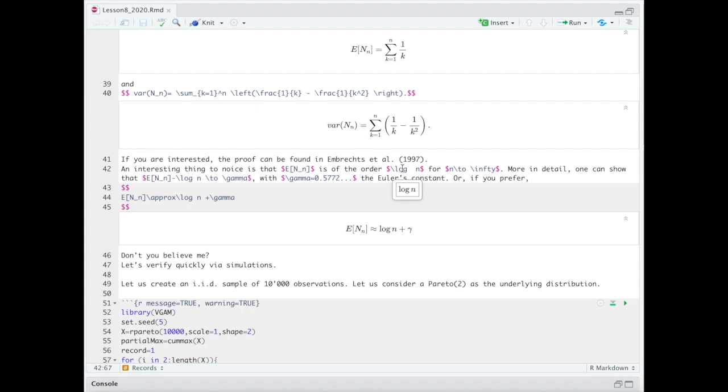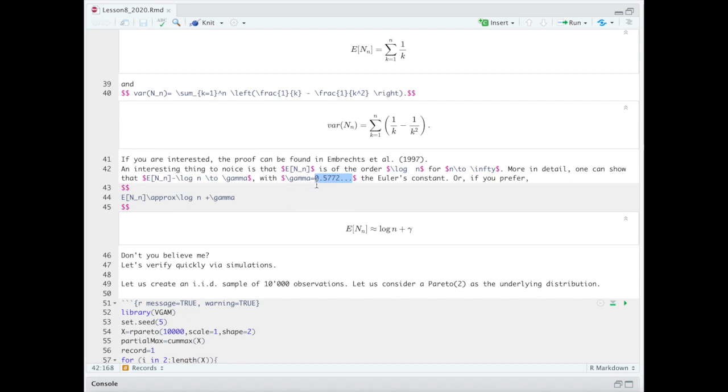If you want, we can show that actually N_n rescaled by the log of n tends to a quantity gamma for n growing towards infinity. And this gamma is nothing more than Euler's constant, so the constant equal to 0.5772 and so on.